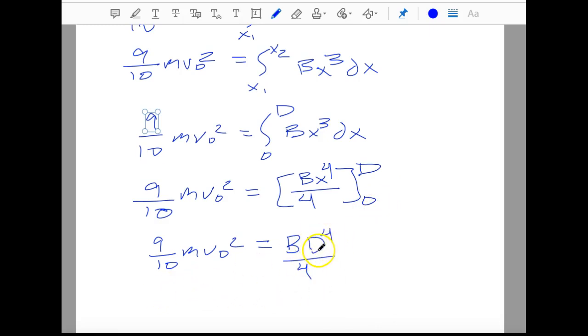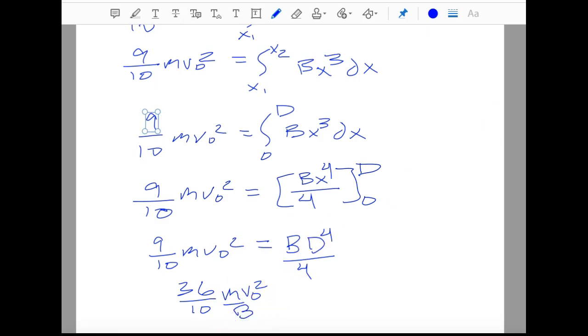So let's solve for d. To solve for d, we need to multiply both sides times 4. So 9 times 4 would be 36, and we're going to have that over 10. And now we have m times v0 squared, and that is going to be over b, because b has to be divided by the other side.